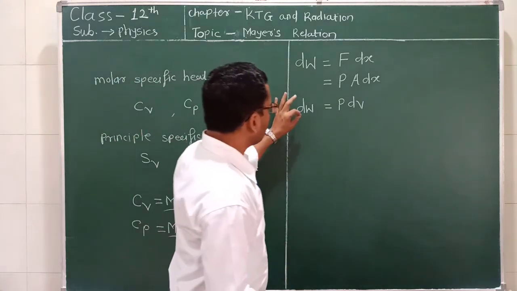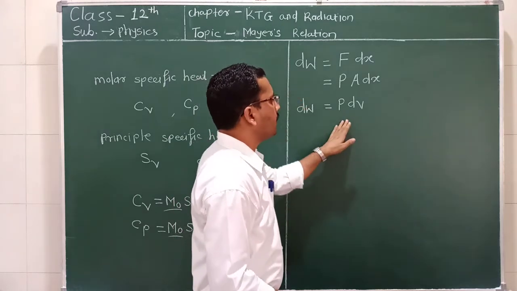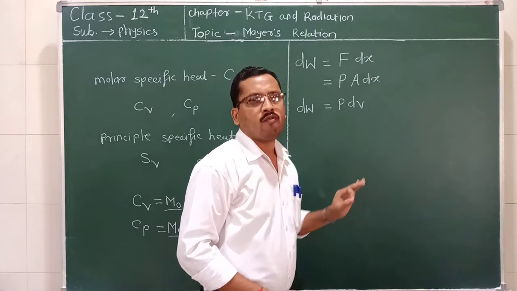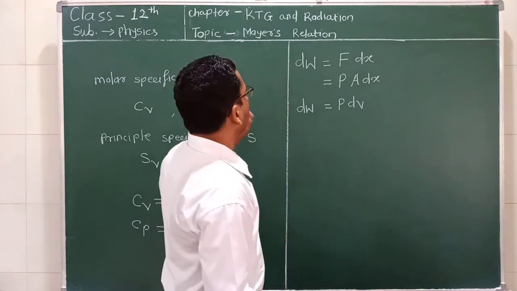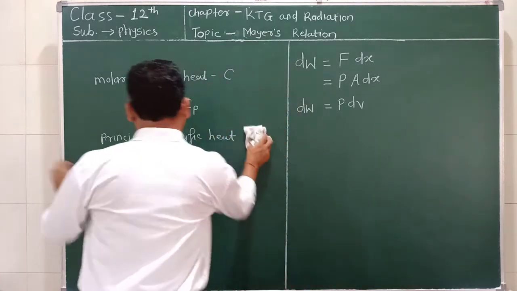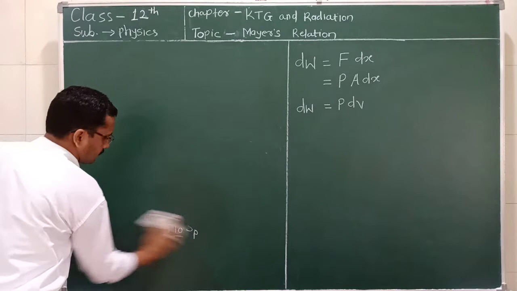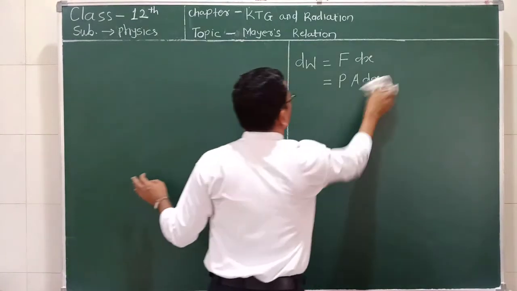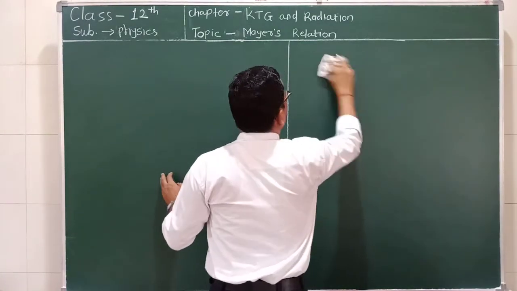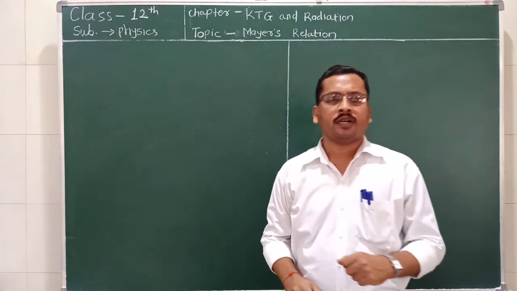So what is the work done in thermodynamics? It is equal to pressure multiplied by the change in volume. So we are now starting to derive Mayer's relation. Here we are discussing two conditions.